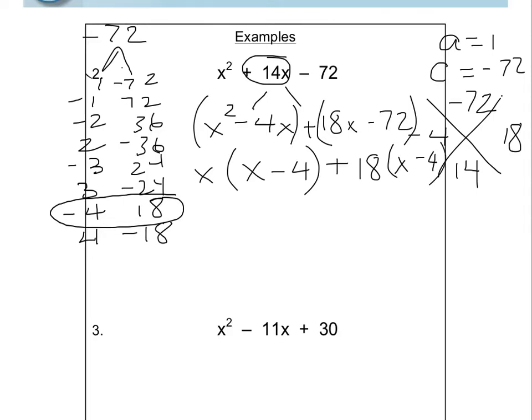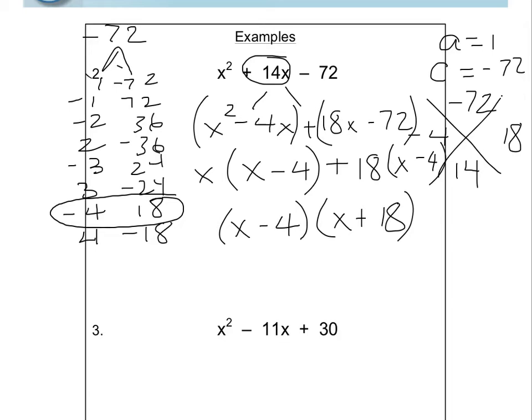Between the two items, I have an x minus 4 in common and an x plus 18 left over. And now your answer is 2 binomials, and you're finished with number 2.